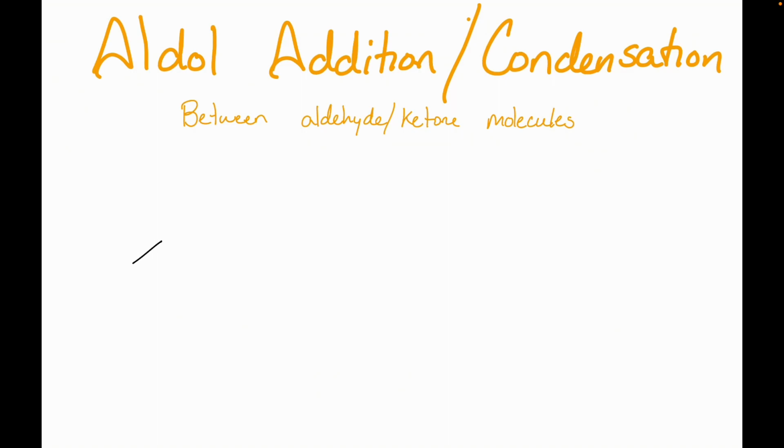So I'm going to take a simple ketone here. We'll use acetone, the only one that we refer to by its common name. These reactions would occur like if I had a beaker of acetone, what I would do is add a little bit of base to it, something like NaOH, and neighboring acetone molecules would react with one another to form what's called an aldol.